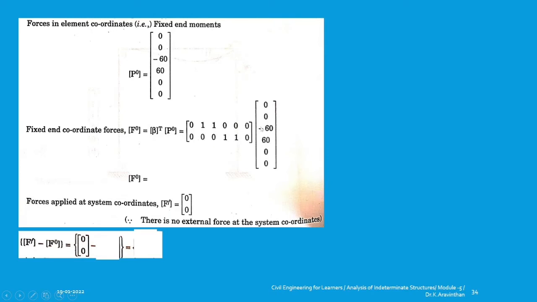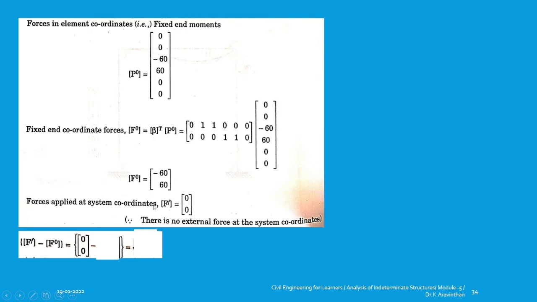Now multiply row into this column. You will be getting 0, 0, and the third value is 1 into minus 60 is minus 60. If you multiply this row and this column, you will be getting 1 into 60 as plus 60. Rest of the values will be 0. Now you have got minus 60 and plus 60 as F naught.